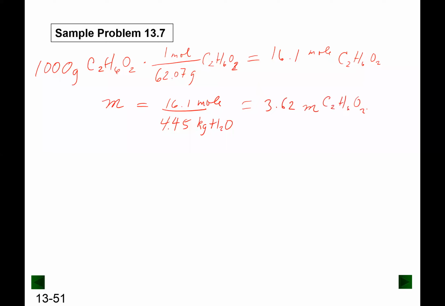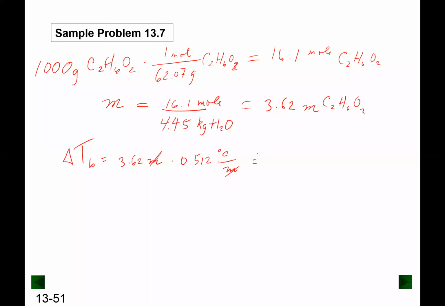Okay, now for our boiling point elevation, we calculate our delta T B, and that will be our 3.62 molal times our constant, which we look up on that table from the previous slide, which is 0.512 degrees Celsius per molal.